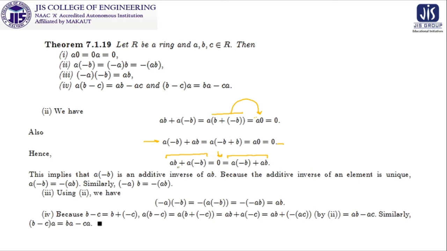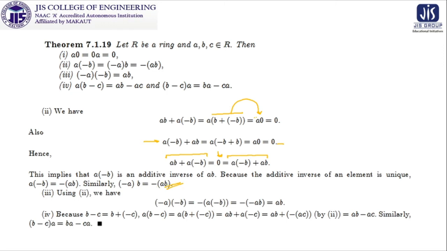So obviously it will be an additive inverse. And as additive inverses are unique, AB is having an additive inverse, this one, and AB is having an additive inverse, this one. So A into of minus B is equal to minus of AB. And similarly you can prove the next result.